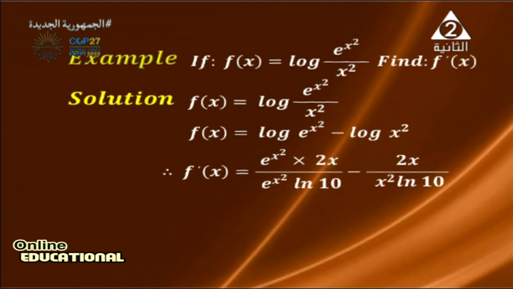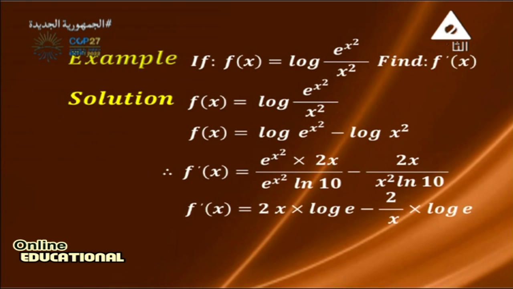F dash x equals the derivative of the first function, which is log e to the power x power 2. The derivative of log e to the power x power 2 is e power x power 2 times 2x, which is the derivative of the function, over the function e power x power 2 multiply ln 10, which is the base of the logarithm, minus the derivative of x power 2, which is 2x over x power 2 multiply ln 10.